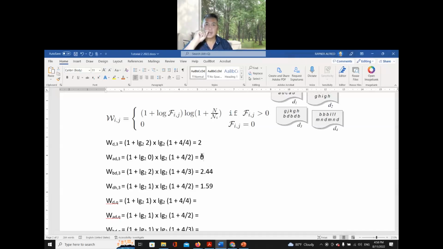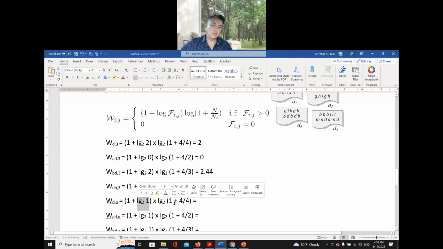Whenever you have the Fij equal to 0, so that means because in your document 3, your frequency of AD in document 3 is 0. So the weightage will be 0. Okay. So yang ini baru, this is 0. So times, what is this?